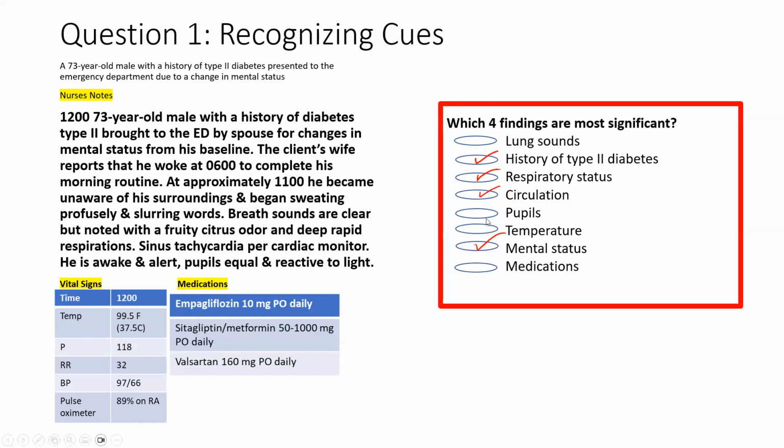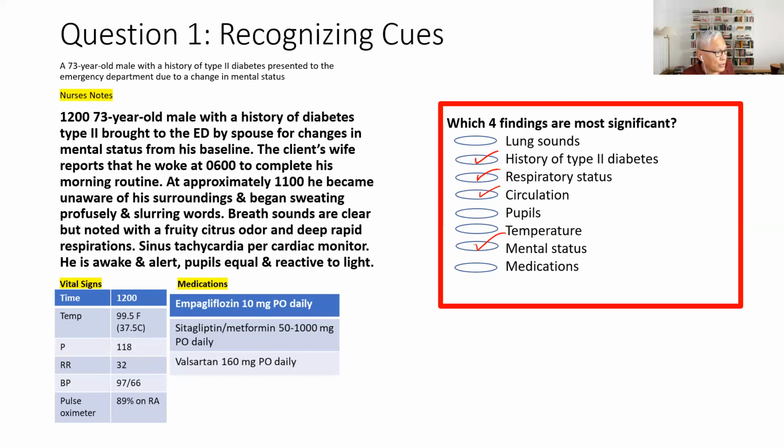For circulation, where does it say anything about circulation? The low BP and the tachycardia, the 118. What is 118 reflective of? Tachycardia is a sign of what? Low circulation, dehydration.